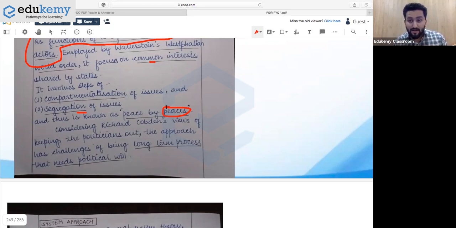For example, border issues and issues related to water sharing across boundaries. Let's compartmentalize these issues. For example, if there's confusion on the boundary line between India and Bangladesh, let's put this here. About Tista water, let's put it here. So let's put this in one compartment.